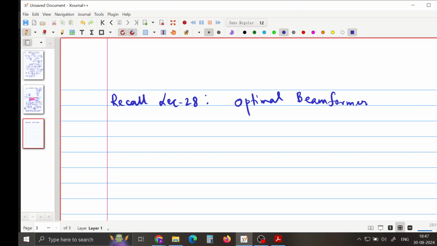For that you give maximum gain for the desired user and suppress the gains for the interferers and the noise. In the analysis done in class, the desired signal gain was set equal to 1. The interference gain was set to 0, so it had no component at all.